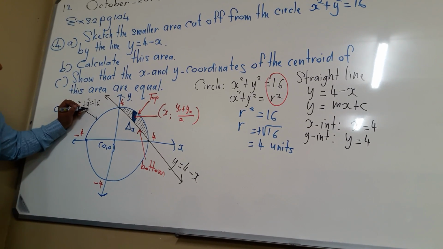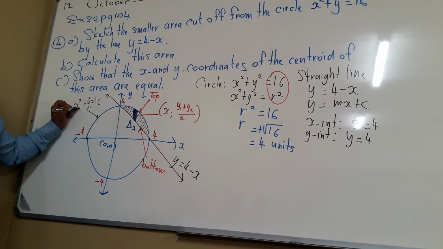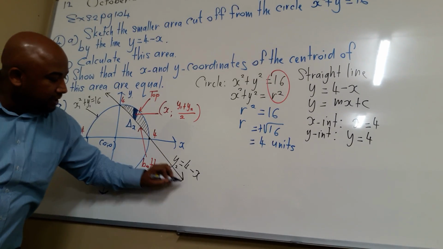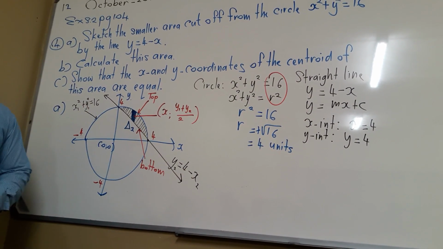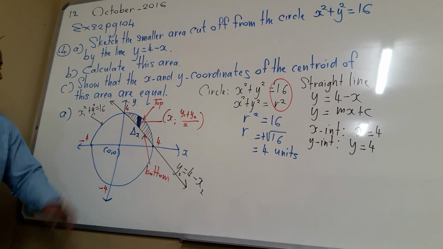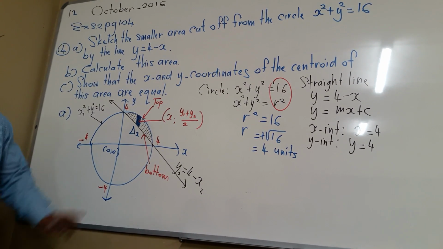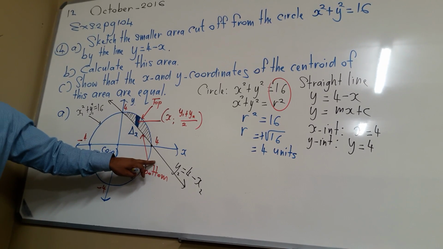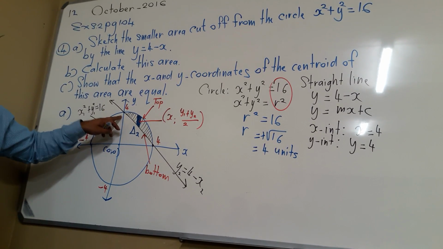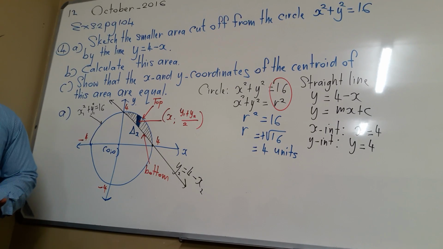Let's call this one y1, so this will be x1 here. So if this is y2, that will be x2. Alright, that's your 2 marks. Sketch the graph, label it properly. We didn't leave out anything. The graphs intersect at 4, 0, 0, 4. It's already here. We don't have to go and work it out.